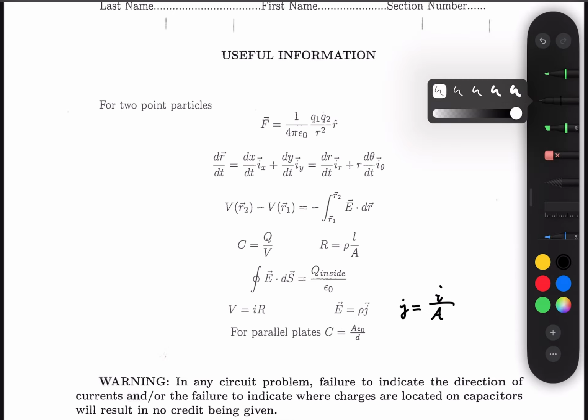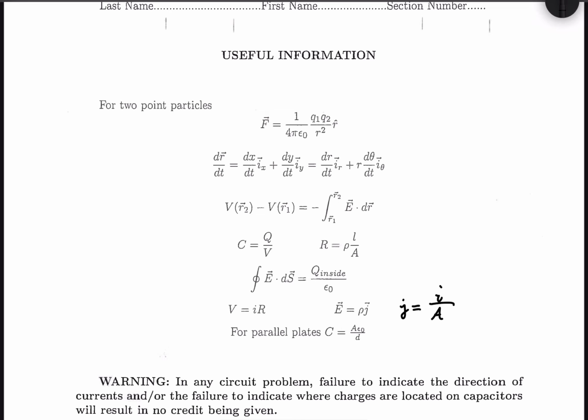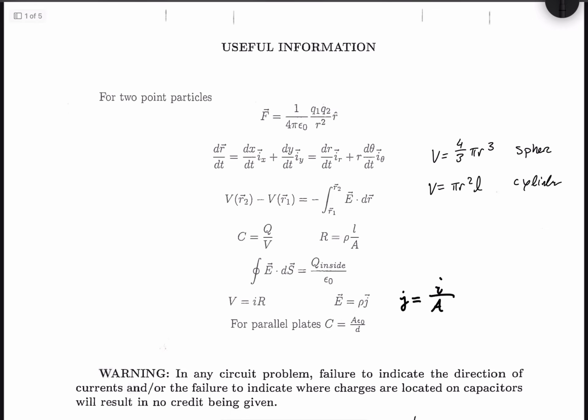What's another one we can think of? The volume of a sphere might be useful. The volume of a cylinder: pi r squared L. So, let us jump right into it.